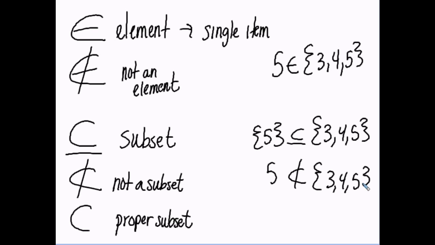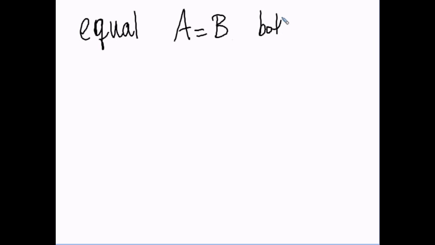Okay. And then with the equal or equivalent, it's just an equal sign either way. But with equal, I'll come back to that in just one second. Equal, you'd say the set A is equal to the set B if they're both the same. When they're not equal, you put the line through it.